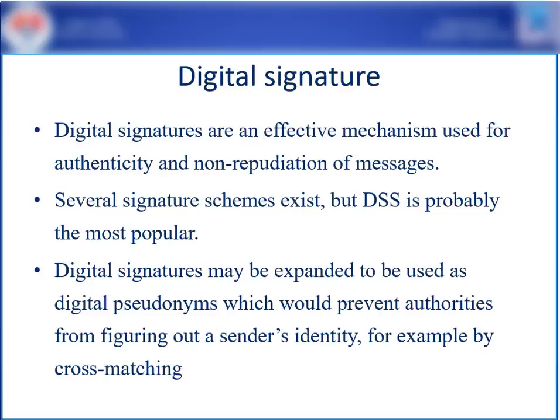That is, by digitally signing a document, we authenticate ourselves, and at the same time, later, we will not be able to deny sending this message. Actually, this type of algorithm may be further expanded so that authorities cannot figure out the sender's identity. But in this course, we are going to consider the classical digital signature algorithms.